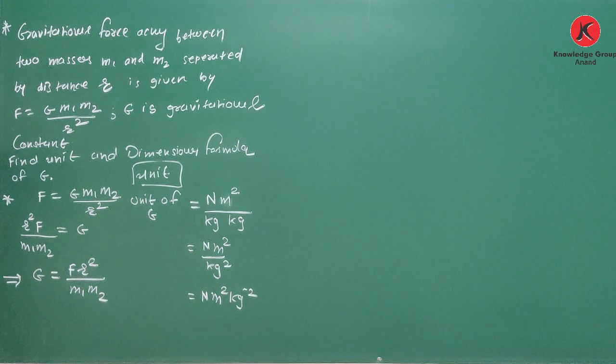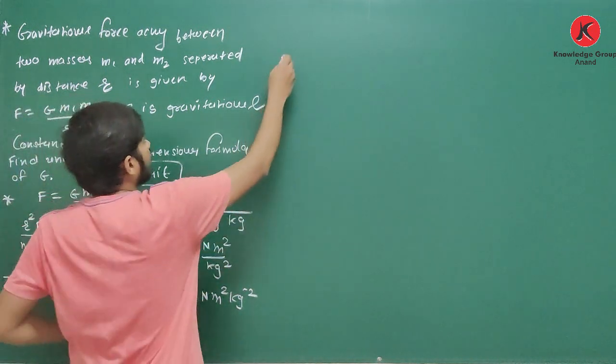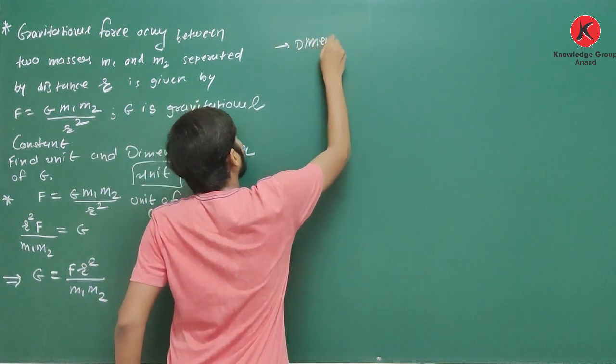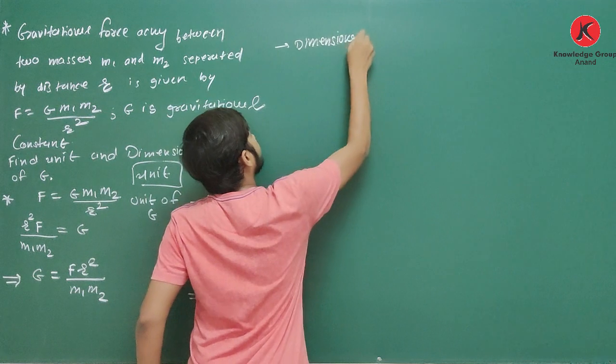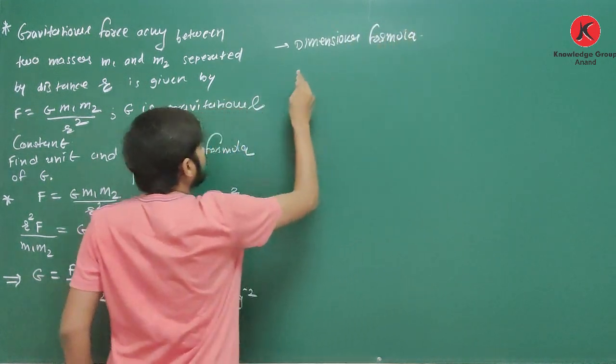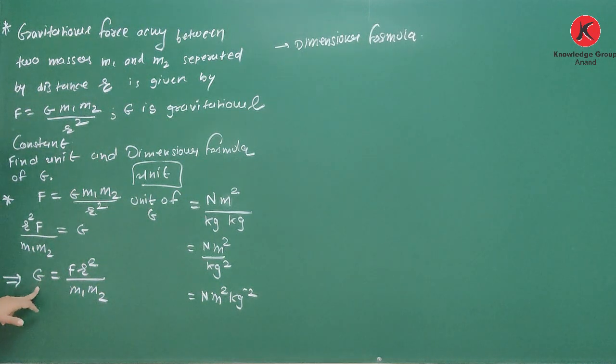Now how to find the dimensional formula? Again I will write the same quantity, but like this. We have the equation G is equal to F r square upon m1 m2.